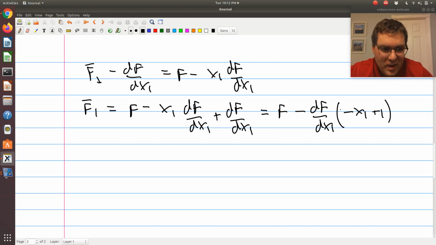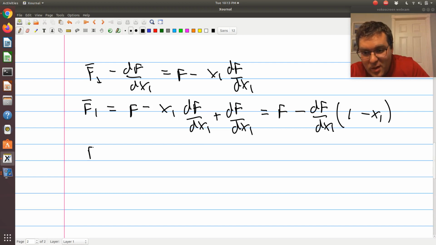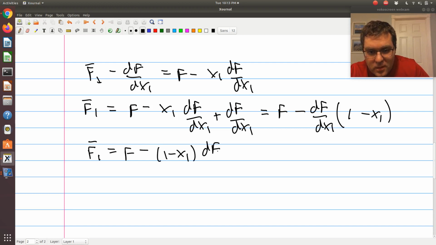I could equivalently write this as 1 minus x1, and 1 minus x1 is also x2. So I get that f bar 1 is equal to f minus (1 minus x1) df dx1, or equivalently, it's f minus x2 df dx1.